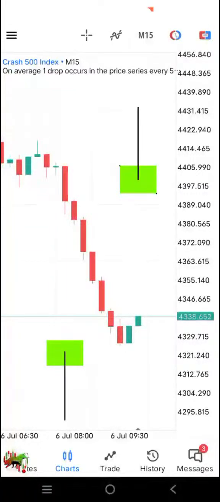Low spread means a small body with a long wick. Let me explain in simple words. The body is formed because of spread, and the wick is because of price momentum up and down. This is very basic.